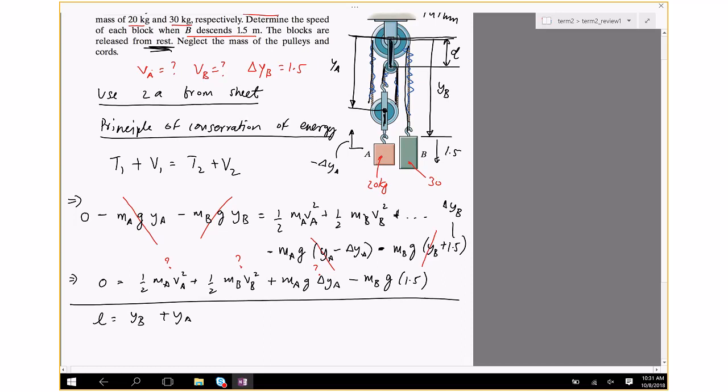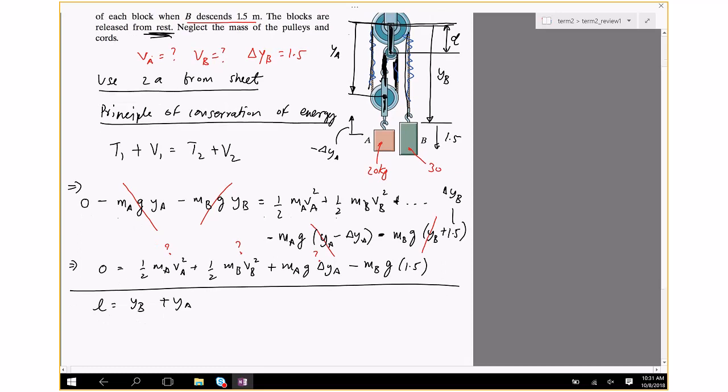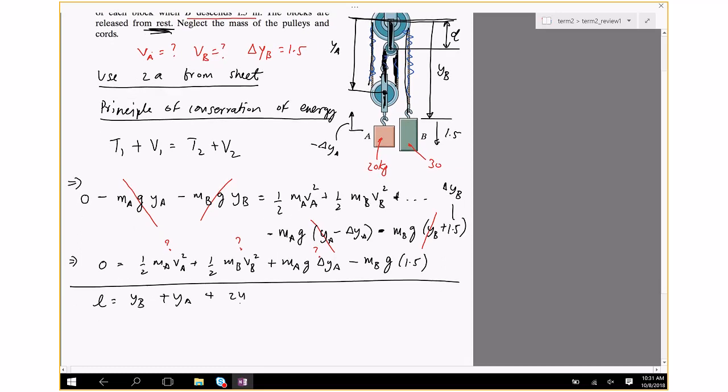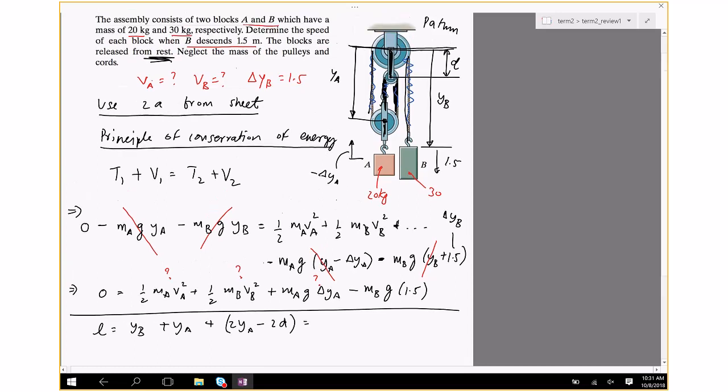So the length of the cable I've shown here is going to be, you can take this much, twice y_A minus twice D, right? So that's y_B plus 3 y_A minus 2D.